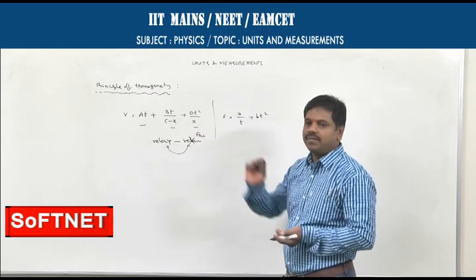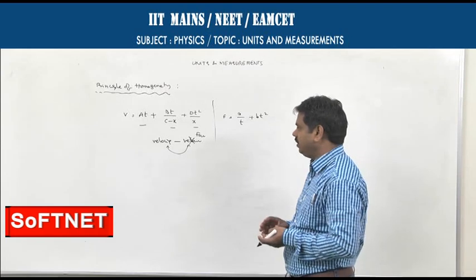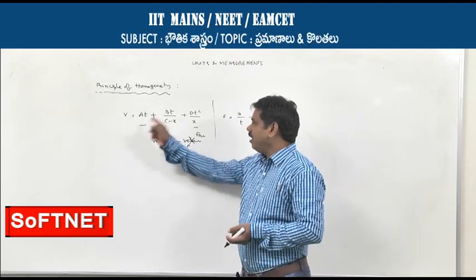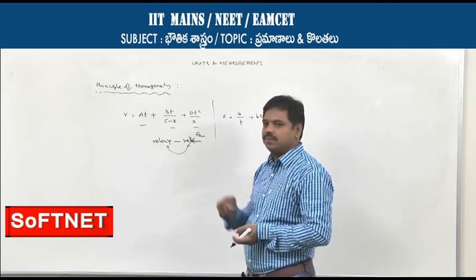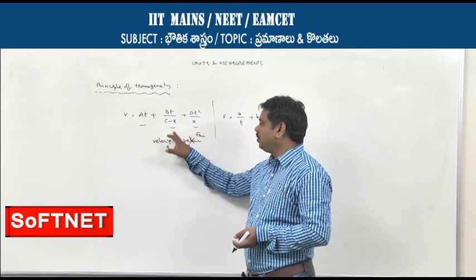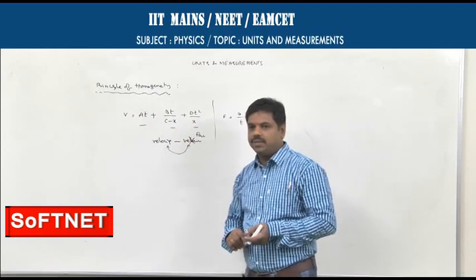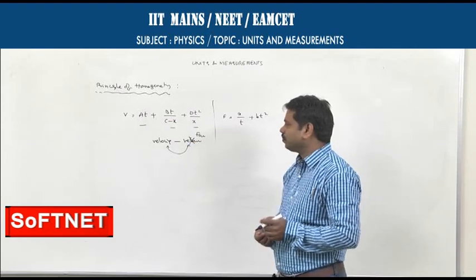So the right hand side must also be velocity. Moreover, the right hand side is the sum of three terms, so definitely these three terms should also be velocity. Why? Because the same kind of physical quantities are added.